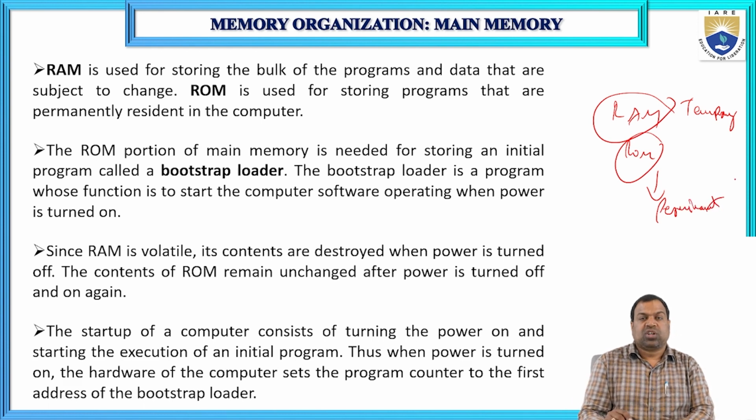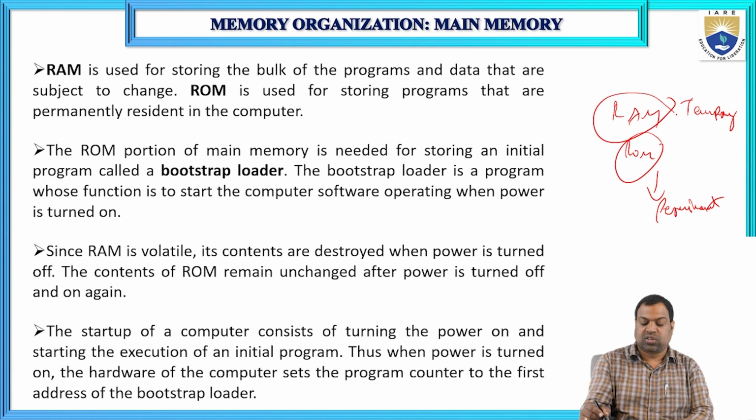And the ROM portion of the main memory is needed for storing an initial program called a bootstrap loader. The bootstrap loader is a program whose function is to start the computer software operating when the power is turned on. Since RAM is volatile and its contents are destroyed when the power is turned off, the content of ROM remains unchanged after power is turned off.